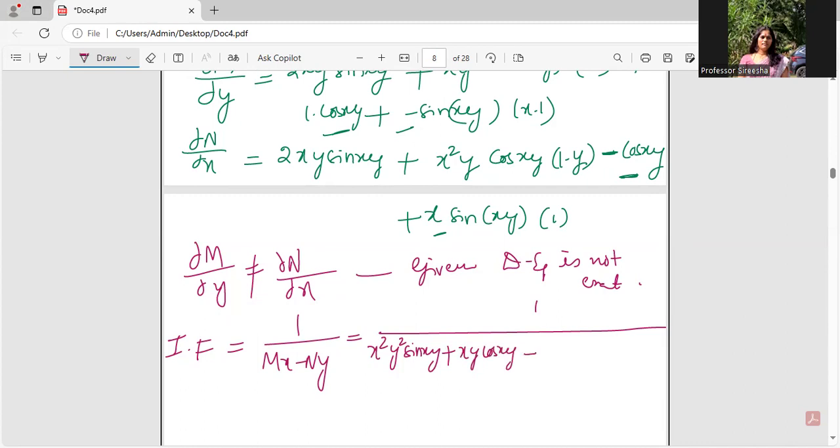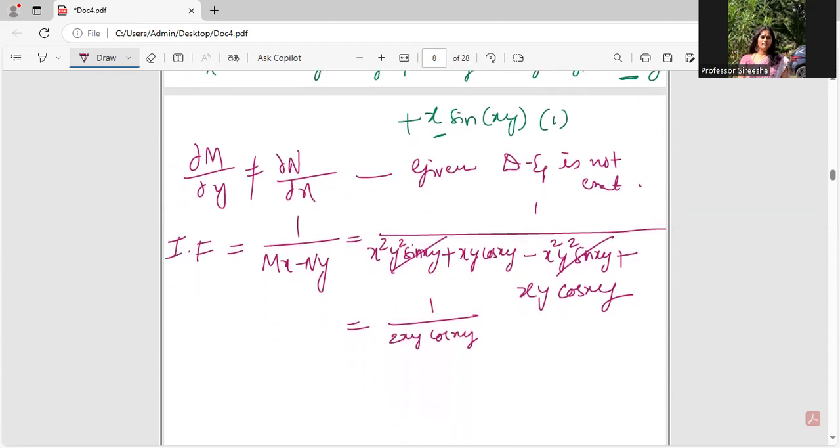That is my Mx. What is my Ny? Multiplying with y, x squared y squared sin xy minus of minus would be plus xy cos xy. Anything that cancels off can be cancelled. If nothing goes off, I'll keep things like that only. 2xy cos xy is my integrating factor.